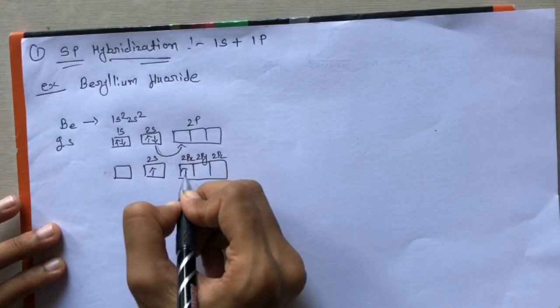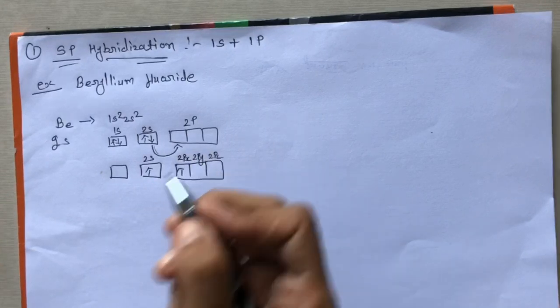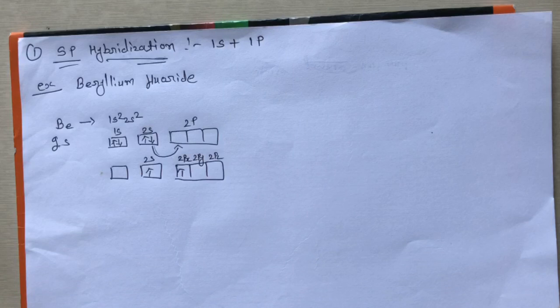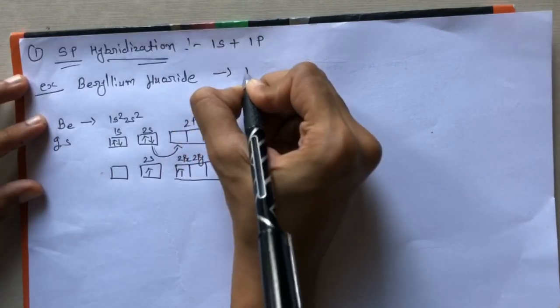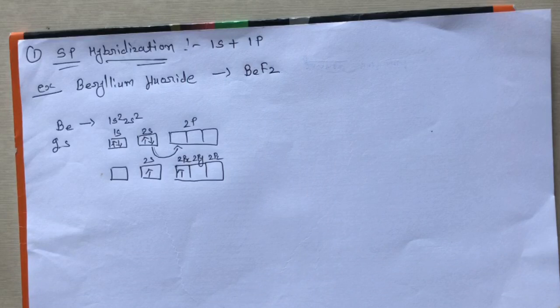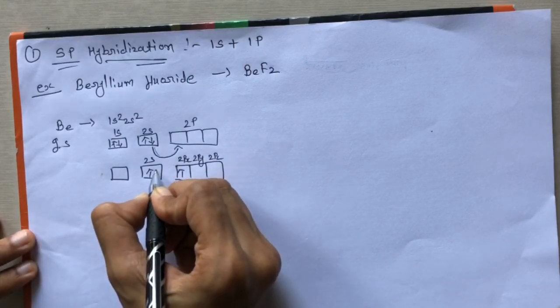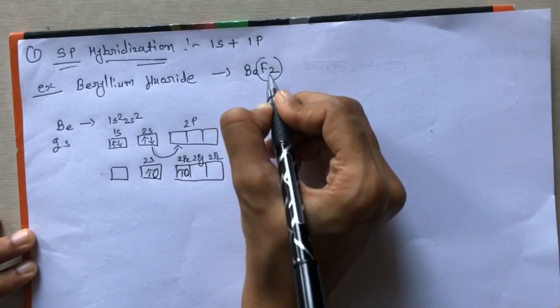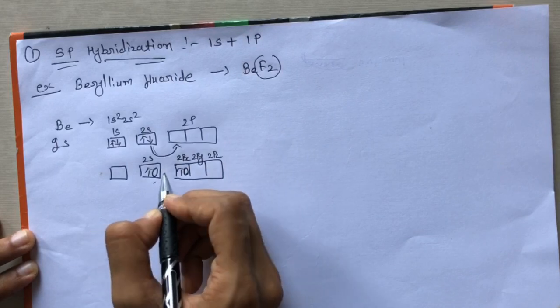So this electron will get into this 2px orbital, and forms bonds with fluorine atoms. Beryllium fluoride is BeF2, right? Here we have 2 empty vacant spaces, right? One is here and one is here. So this fluorine gets bonded here.